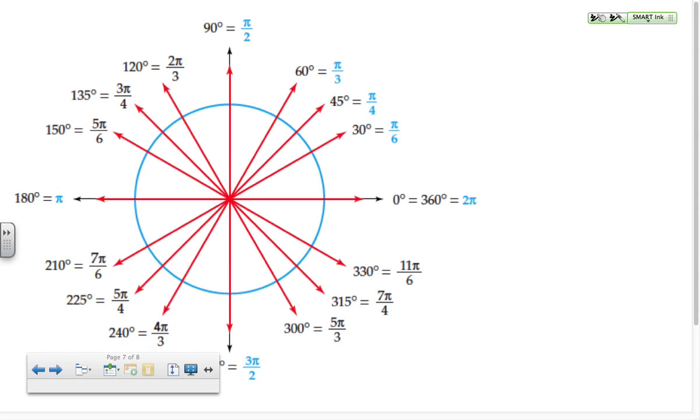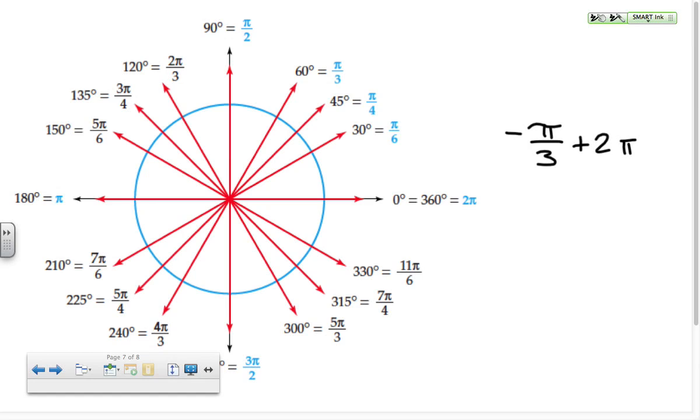So let's say I have negative pi over 3. You will notice that none of these degrees are negative. It starts at 0 degrees and goes to 360, so we don't go negative. So we want to find the degree that's actually the positive version of negative pi over 3. To do this, we are going to add 2 pi. It's this easy. There's a section on your homework that asks you to do these things. You're going to either subtract or add 2 pi until you get a measure that's on the unit circle.